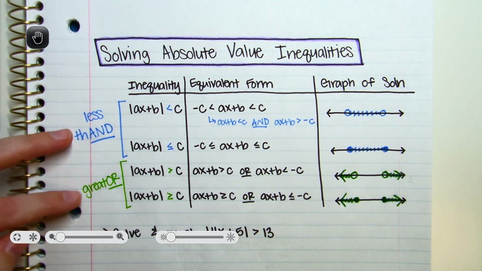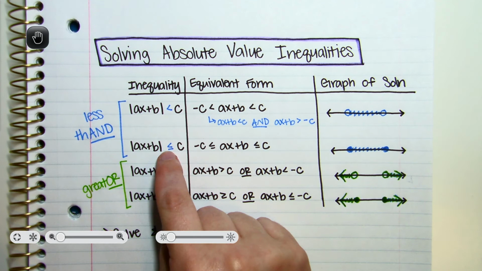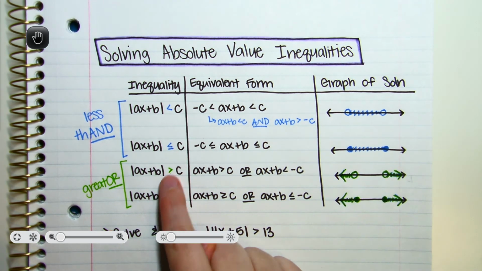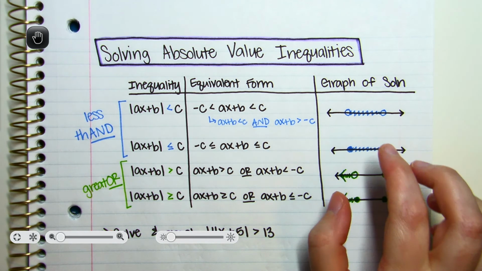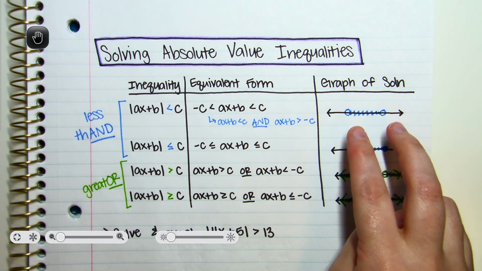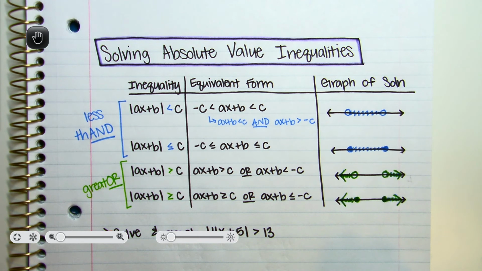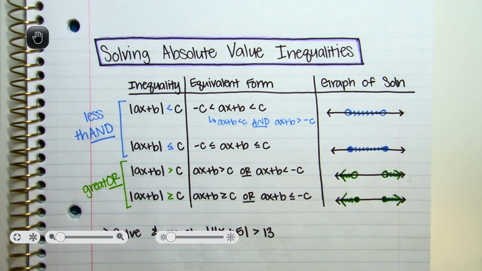I like to remember it with these funny sounding words because that helps me remember if I'm setting up an and statement when I solve it, or if I'm setting up an or statement when I solve it. That's how I remember it in my head. And then my graphs of each, remember when it is greater than or less than, it'll be open circles. And then when we have that or equal to, it will be closed circles.